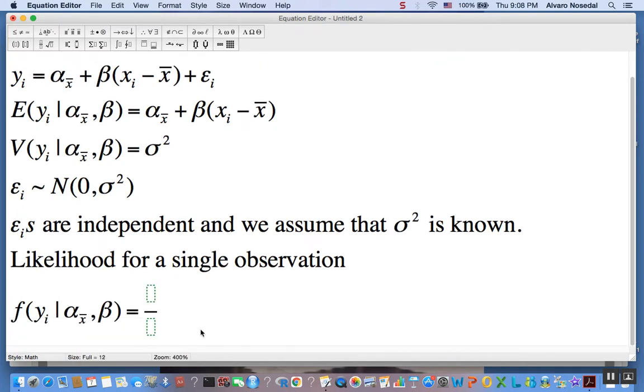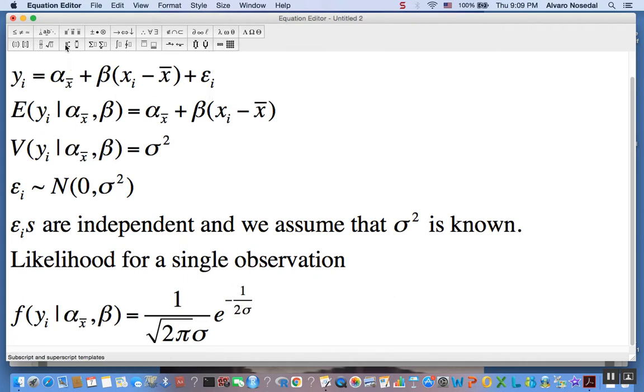We know that the PDF of a normal looks something like this: 1 over the square root of 2 pi times sigma, times e to the power negative 1 divided by 2 times sigma squared, times yi minus its mean.